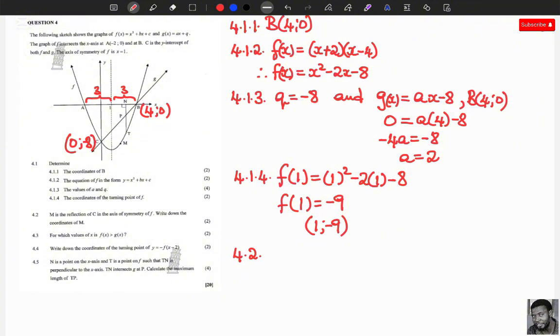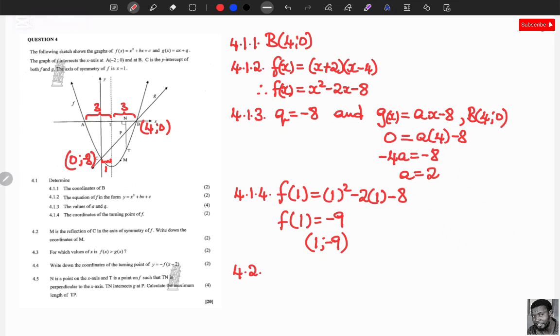Write down the coordinates of M. What we understand is that the distance from C to the axis of symmetry is 1, and it would be the same from the axis of symmetry to M. So that should be 1.